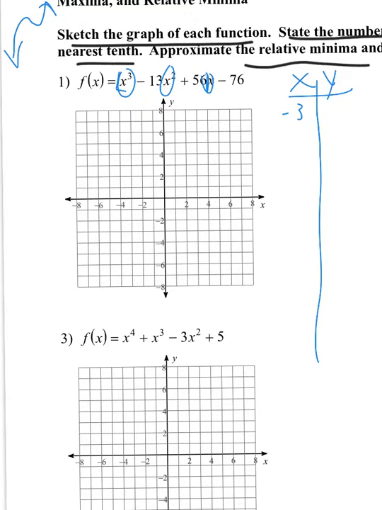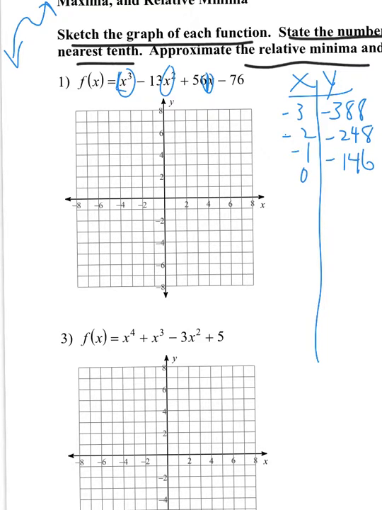If you do that with your calculator, you get -388. So at -3, we're way off the grid. Then at -2, we should get -248. That would be -2 cubed minus 13 times -2 squared plus 56 times -2 minus 76. At -1, we're at -146.